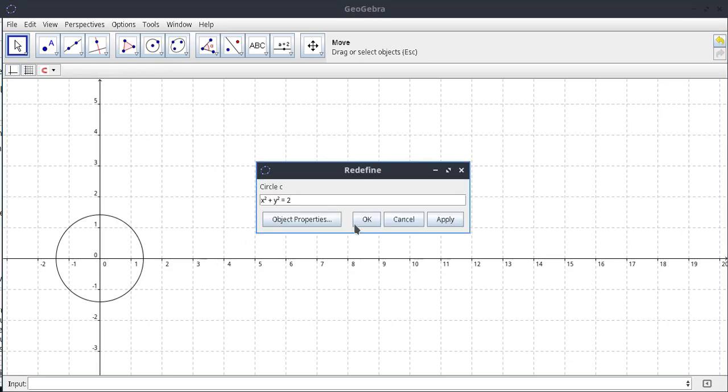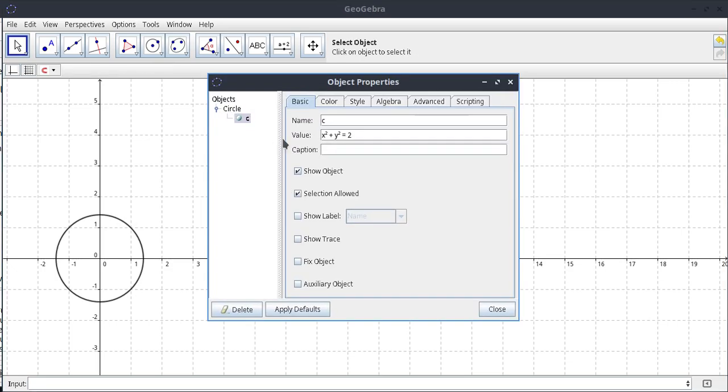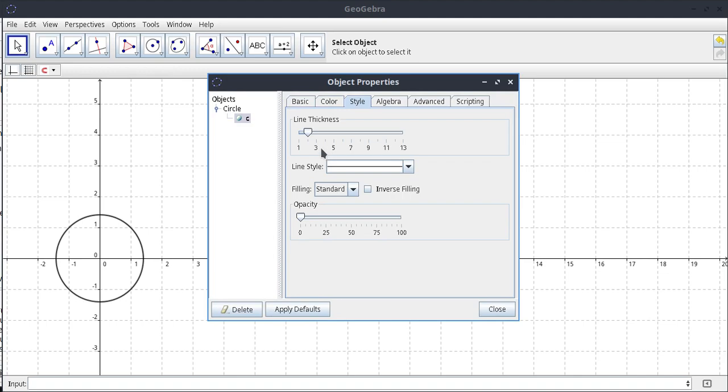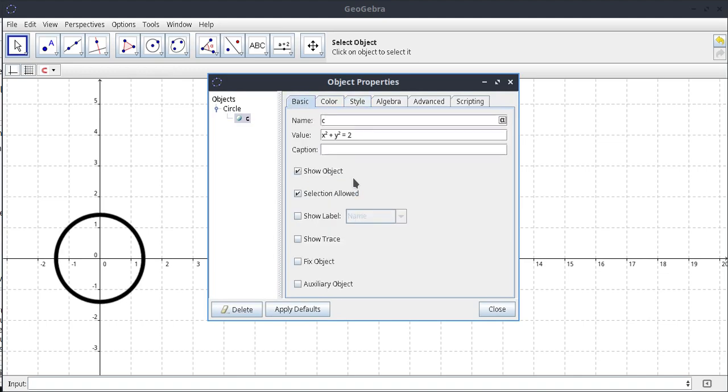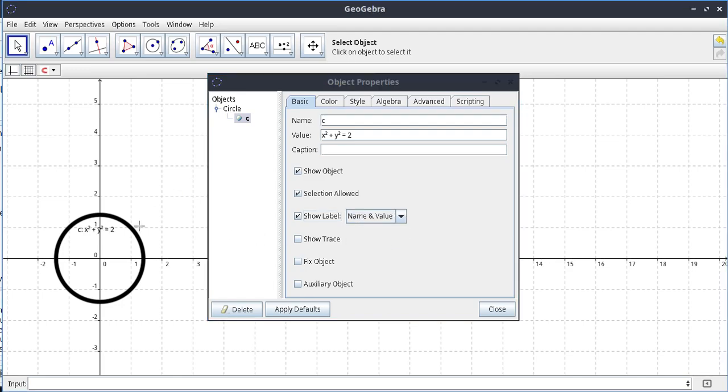Alright, so let me just fix this up a bit. I want it to be thicker. I want to see the formula beside it. Alright, good.